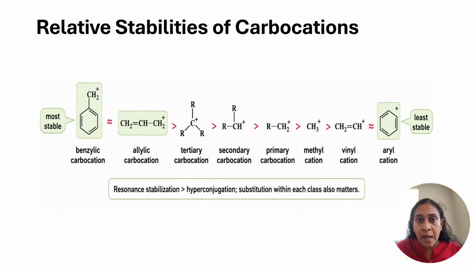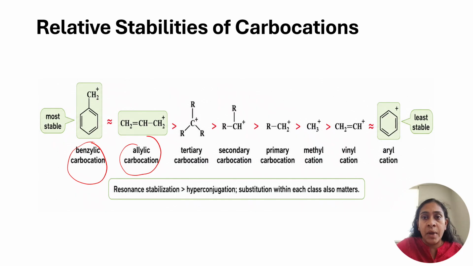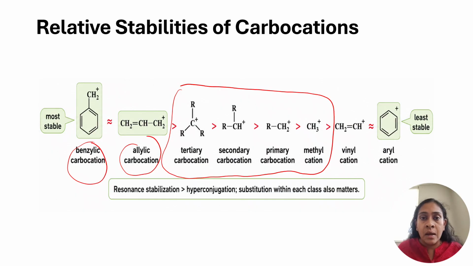Before solving more reactions, let's review the relative stability of carbocations. According to the trend shown here, benzylic and allylic carbocations are especially stable because their positive charge can be stabilized through resonance. Among the ordinary alkyl carbocations, the order is tertiary is more stable than secondary, then primary, and then methyl.